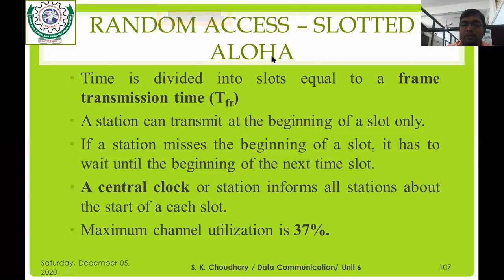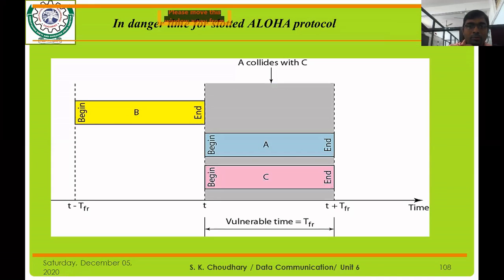So now you can see that utilization has increased from 18.4% to 37% because of this technique. So you can see the overview of this slotted Aloha. Still there is a chance of collision, but it would be less compared to pure Aloha. You can see here, as we have said, you have to send only at the beginning of the time slot.